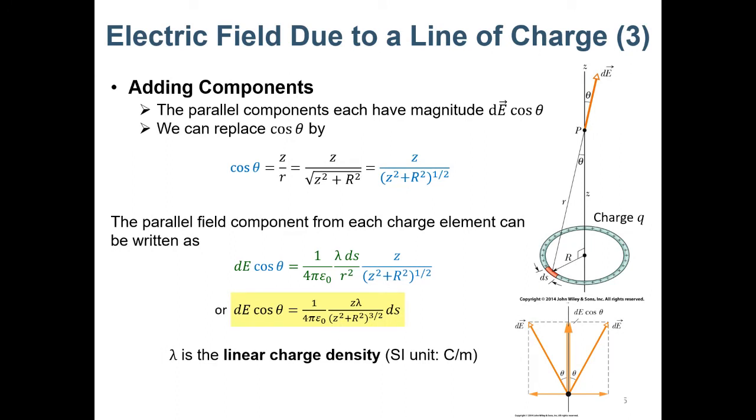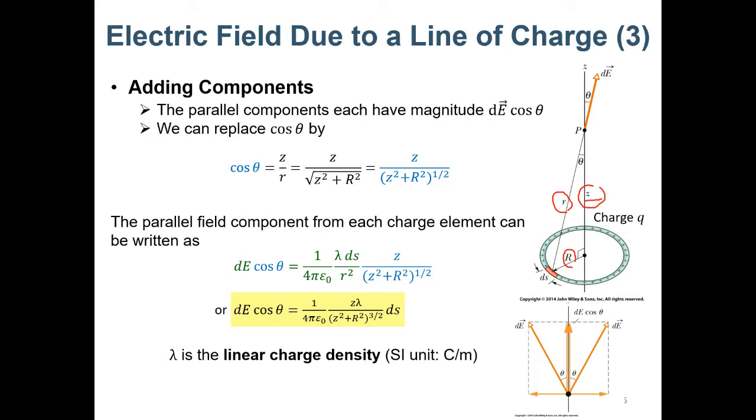So now we have a right angle triangle. This side is z, this one is small r, and the radius of the ring is capital R. So when you learn trigonometry in high school, you should be able to know that cosine theta is z over r, the adjacent side over r.